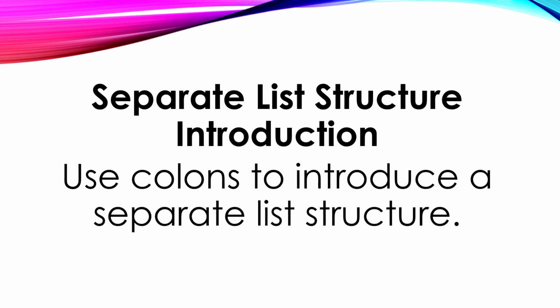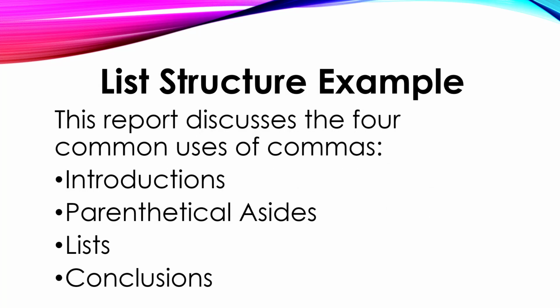Now, another way to form lists with colons is to introduce what I call a separate list structure. And list structures are most often either bulleted, unordered lists or numbered, ordered lists. I'm going to show you the unordered bulleted list example here, which is this report discusses the 4 common uses of commas.